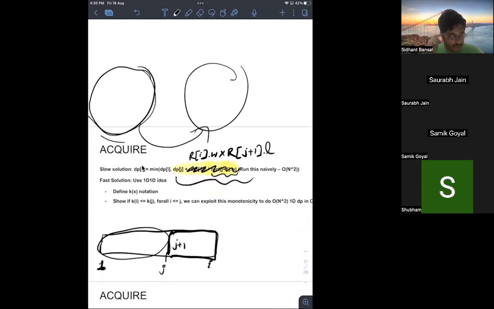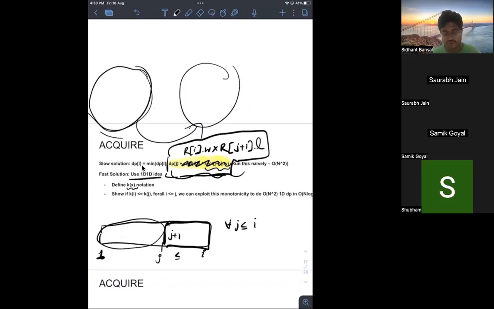And you'll try this for all j, so for all j less than equal i, you'll try to do this minimization part. And whichever one gives you the smallest value, that's your cutting point. So notice here, your K notation is something like what 1D people use. A lot of times Arjun used it, that blog post uses it. It's the same as the opt notation.